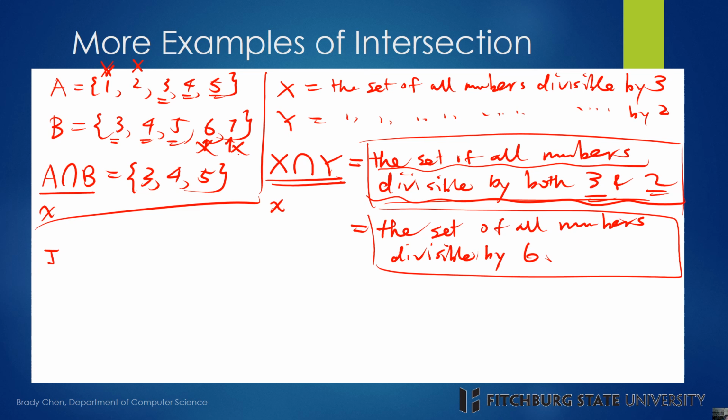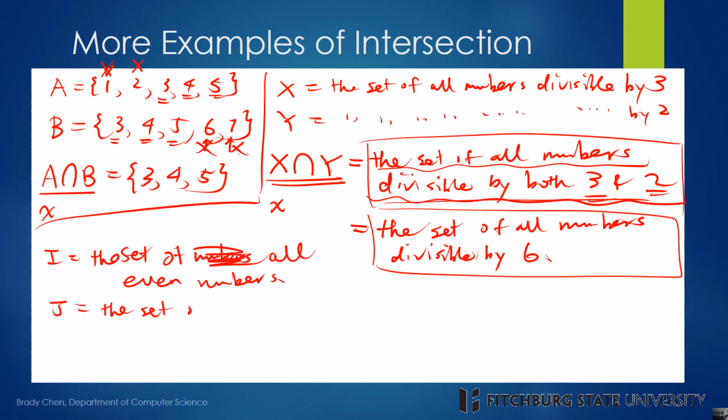Say I is the set of all even numbers, and J is the set of all odd numbers. Now remember I union J, right?